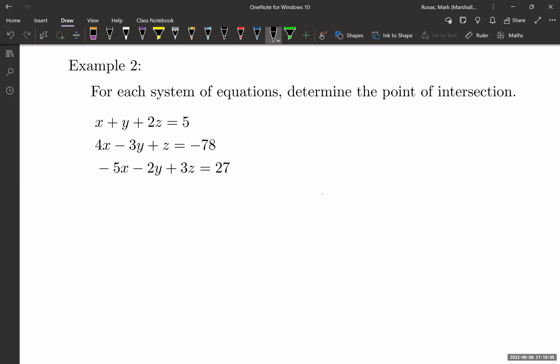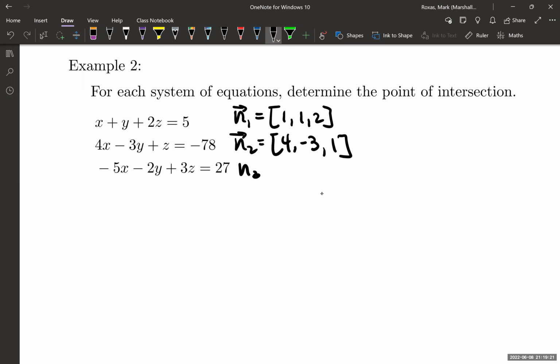From these equations, I can extract their normal vectors, just like what we've been doing so far. So the normal for number 1 is 1, 1, and 2. The normal for number 2 is 4, -3, and 1. And the normal for number 3 is -5, -2, and 3. And let's look at these normals.